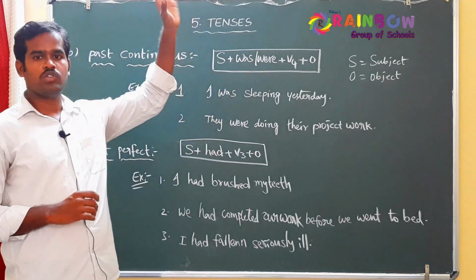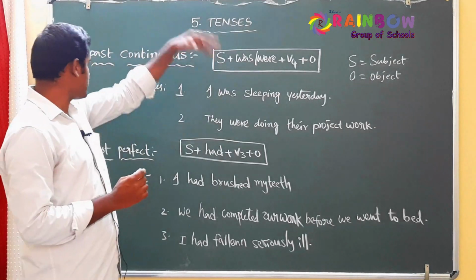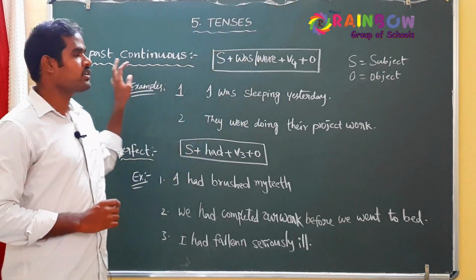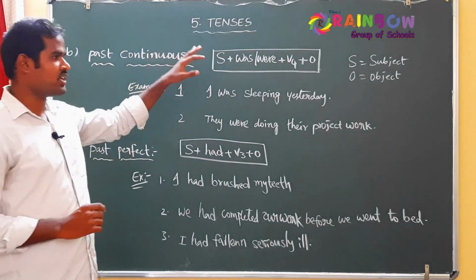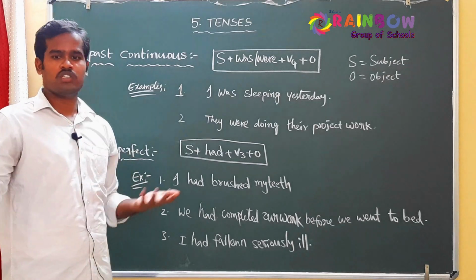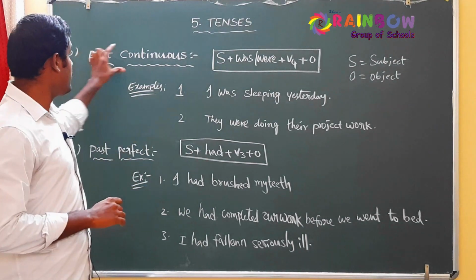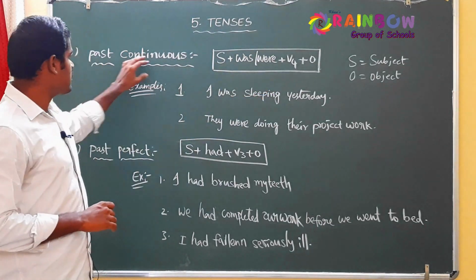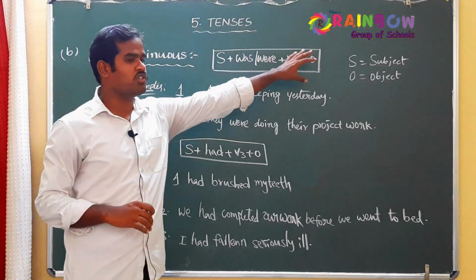See, there we used present tense be forms as it is present continuous. Here we are using past tense be forms because it is past continuous. So framing the structure is very easy if you remember it this way. If you learn by heart, after some days you may forget, but with the name you can frame the structure. So there is no need to learn by heart. In past continuous, subject and objects are common.